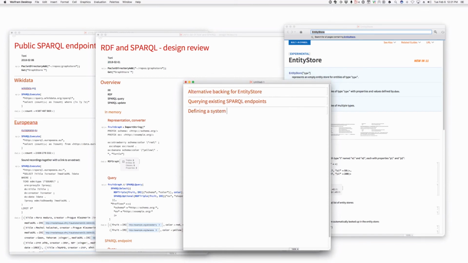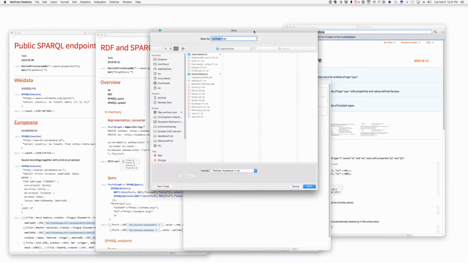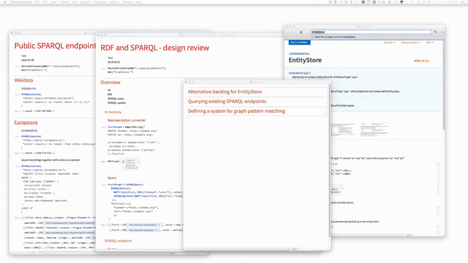Is that right? I would see it the other way around. If we would have a full-fledged graph pattern matching, then that would go into here. But one could, of course, see it initially. This one would be an initial graph pattern matcher.